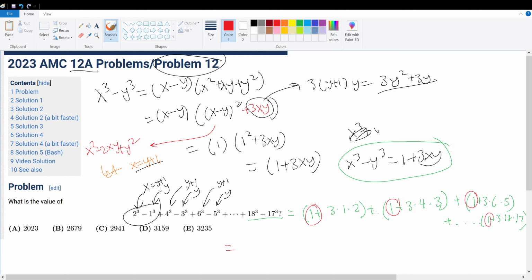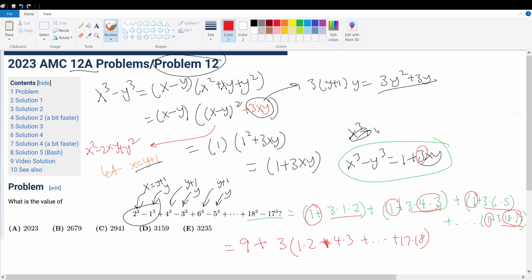So how many ones do we have? We have 9 ones. So 9 plus this thing we have left over. We can see that there's always a 3, so we can factor out the 3 to get 3 times (1 times 2 plus 4 times 3 plus dot dot dot all the way plus 17 times 18).